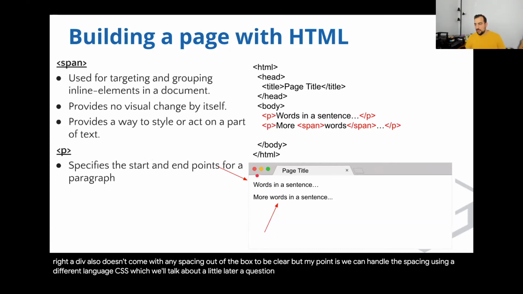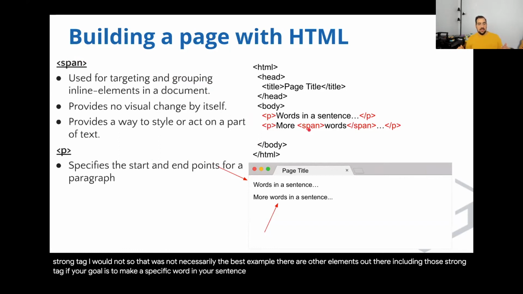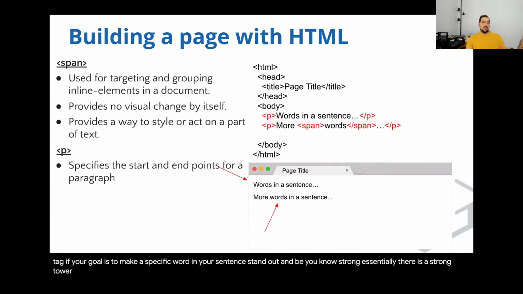A question I got in the chat is, why would you use a span tag over a strong tag? I would not. So that was not necessarily the best example. There are other elements out there, including the strong tag. If your goal is to make a specific word in your sentence stand out and be, you know, strong, essentially, there is a strong tag which you could use for that purpose.